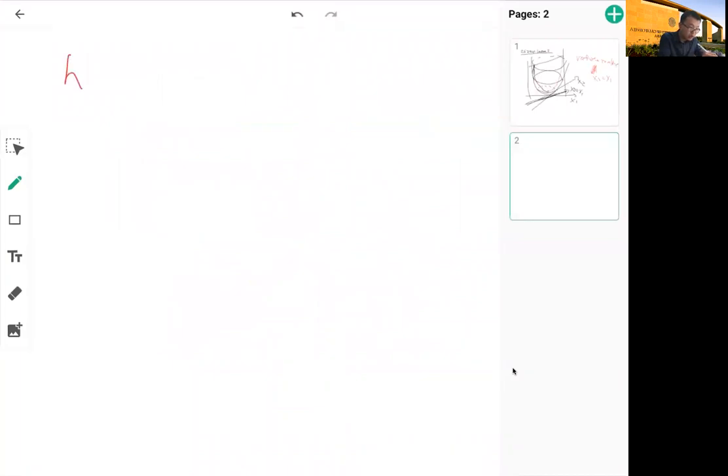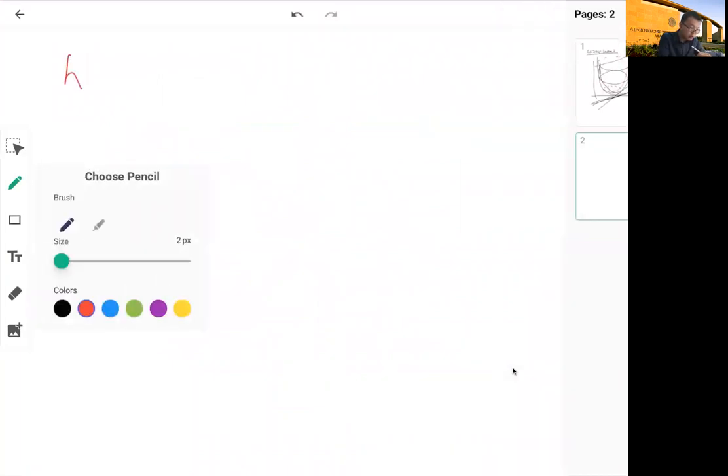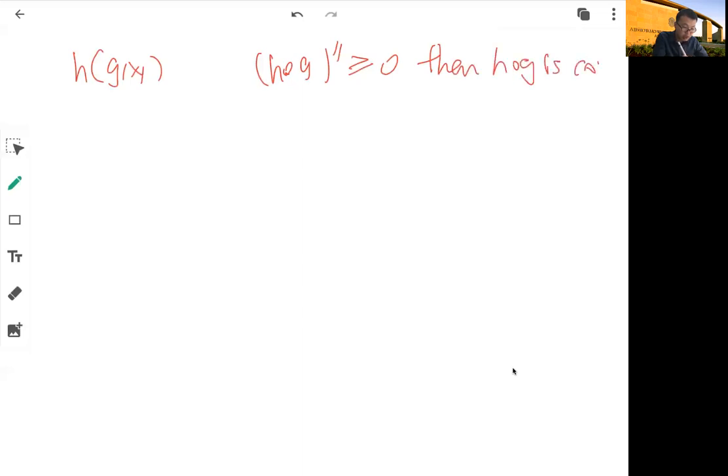So consider a function h composed with g. Let's consider the case when h and g are both twice differentiable, so that we can apply the second order condition. So if the second derivative of h∘g is larger than 0, then h∘g is convex.